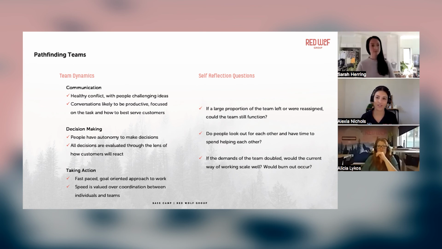Let everyone take a moment to think. I know I'm asking some tough questions. But I've got here that people will have a little bit more comfort in the autonomy to make their own decisions. When we've got people with that high dominance drive, they don't necessarily have to have team consensus, in the sense that they have to have everyone agree on the decision that needs to be made.